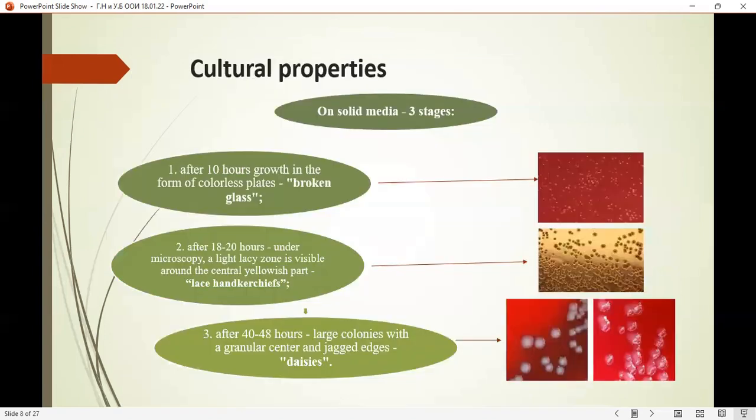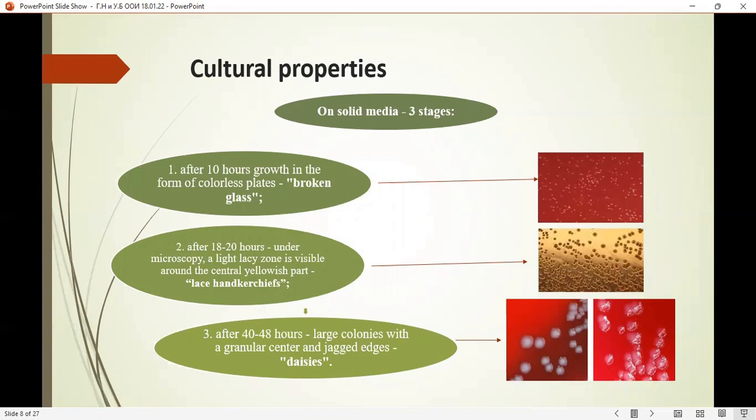When growing on solid nutrient media, after 8–12 hours, grayish mucous microcolonies appear with jagged edges, in the form of broken glass. After 18–24 hours, the growth of colonies with raised edges resembles a lace handkerchief with yellowish or brownish color of the protruding central part, the main virulent R type.